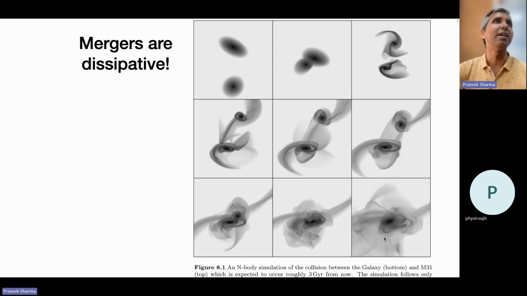These features remain because, after all, these are collisionless systems. The nominal relaxation time for these is much longer, so you can have very complicated phase space structures lasting for a long time. For example, if you have followed the Gaia results, in our own Milky Way we can see remnants of streams from a massive satellite that fell into the Milky Way like 8 giga-years ago.